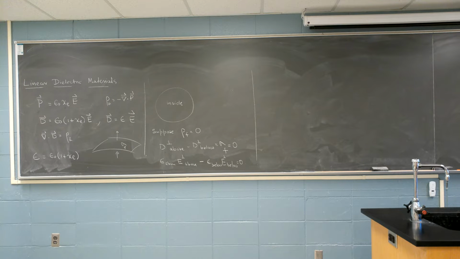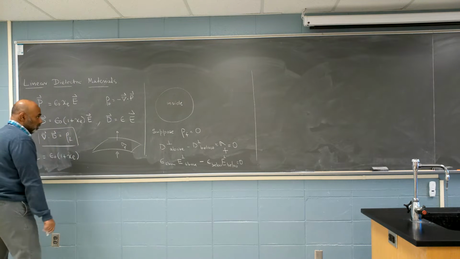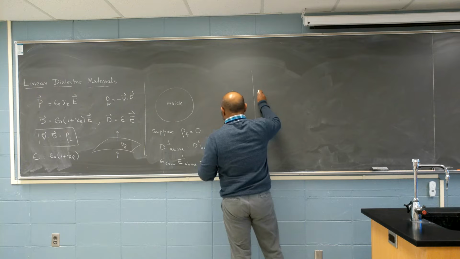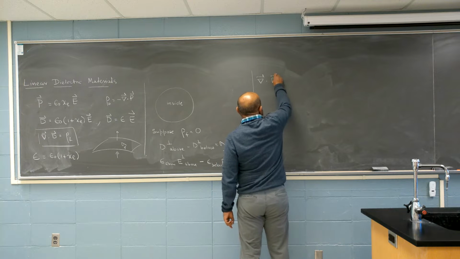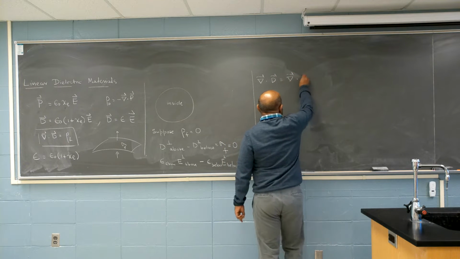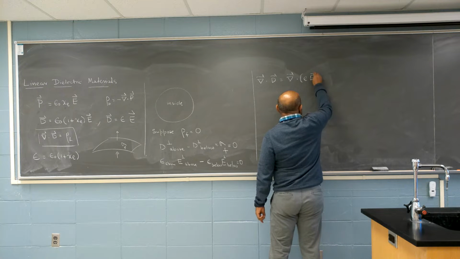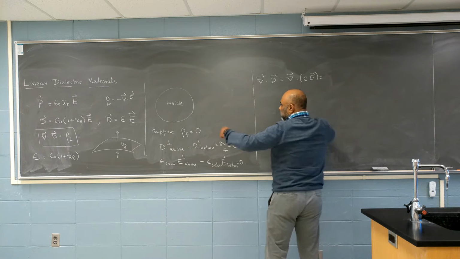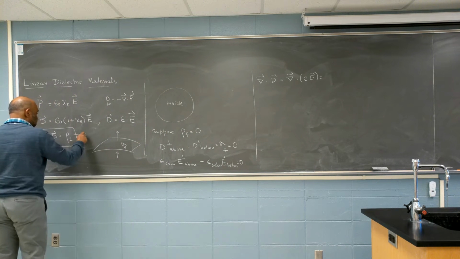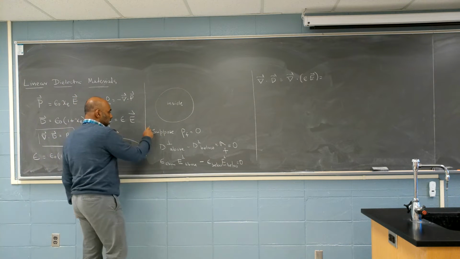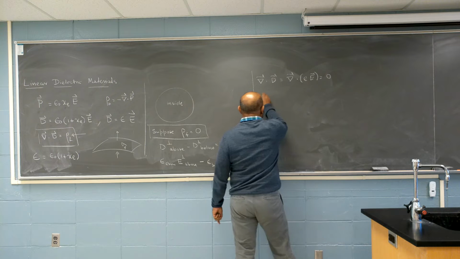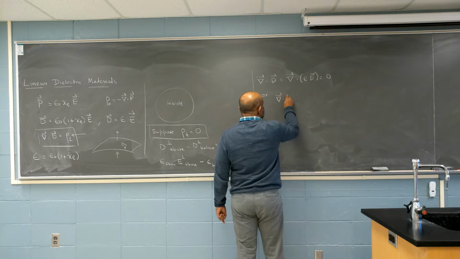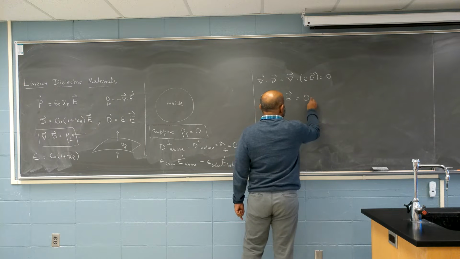Now, what happens to this? See, this means inside a region. Divergence of D equals divergence of epsilon E is equal to typically this one, but we're considering this case, so we would get 0, or divergence of E is equal to 0.